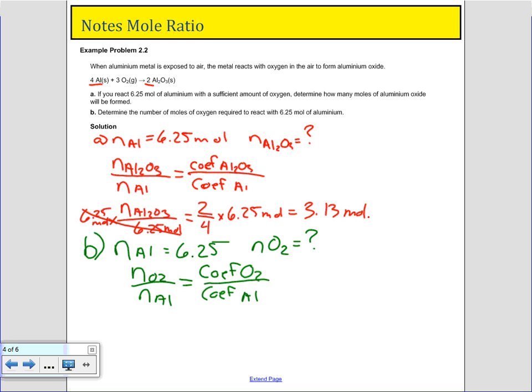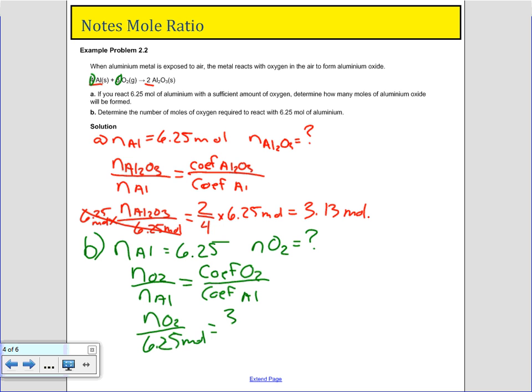That means the number of moles of oxygen over 6.25 moles, given in our question, is going to be equal to 3 over 4, since we're now dealing with oxygen and aluminum.